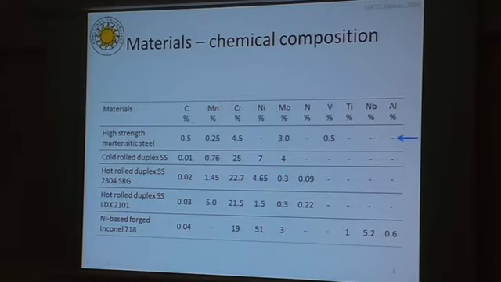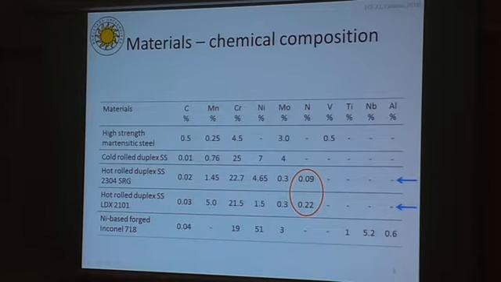In order to fulfill the aim of this study, we have taken a variety of materials with different chemical compositions. For instance, high strength martensitic steel, the cold rolled duplex stainless steel grade, and two hot rolled duplex stainless steel grades, 2304 SRG and LDX 2101.